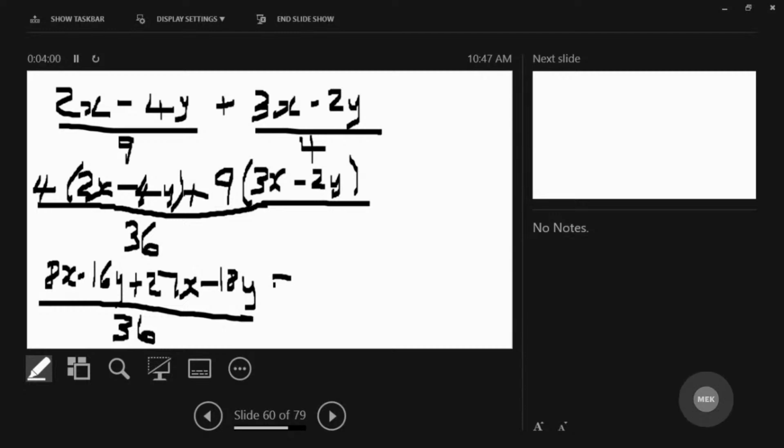Now, simplifying those, grouping the like terms. So 8x plus 27x, that's 35x. And negative 16y minus 18y, that's negative 34y.